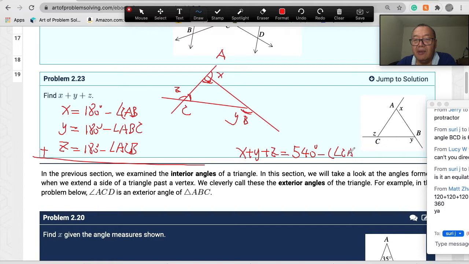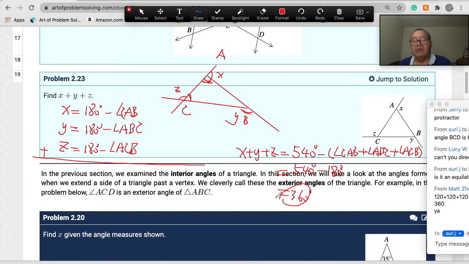That's CAB plus ABC, then plus ACB. Then we know the sum of interior angles of a triangle equals 180 degrees. So you get 540 degrees minus 180 degrees. Then this equals 360 degrees, right? So the correct answer is 360 degrees.